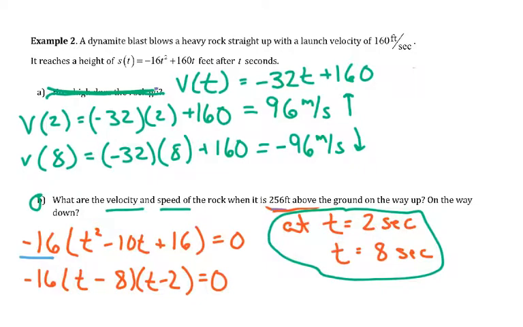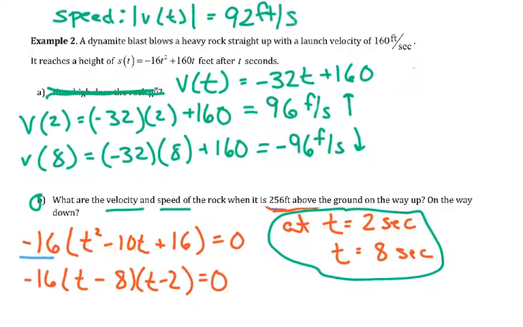Now that's velocity. Speed is the absolute value of velocity. It doesn't have a sign. So the speed is just 96. Oh, and this is feet, my bad. Feet per second.